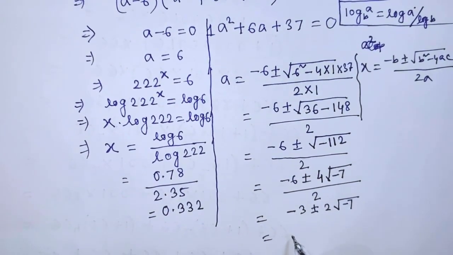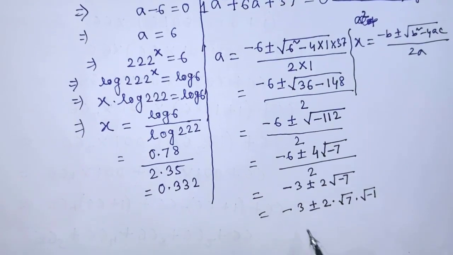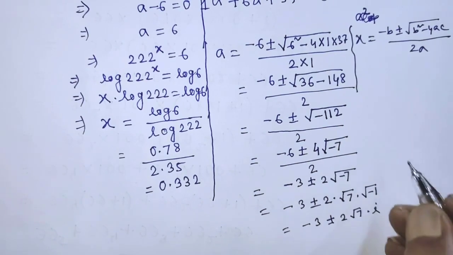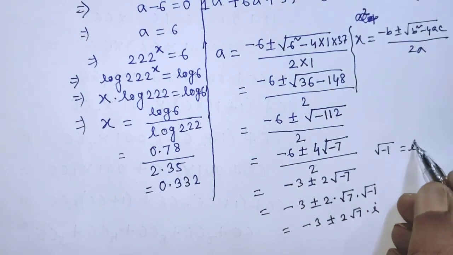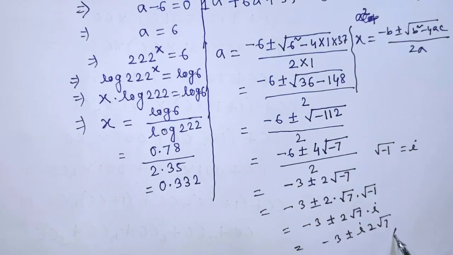It will be -3 ± 2 times square root of 7 times square root of -1. So it will be -3 ± 2 root 7 times i. We know that square root of -1 is i. So it will be -3 ± i times 2 square root of 7, which is our imaginary solution.